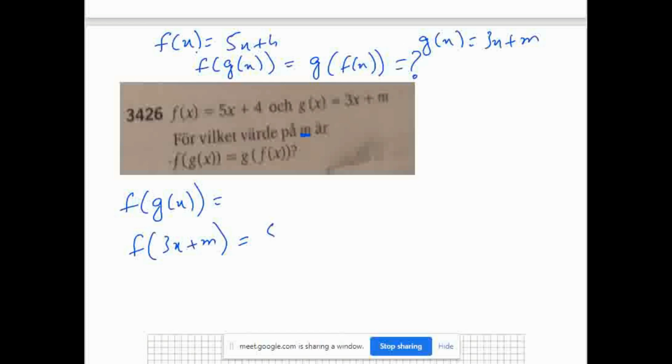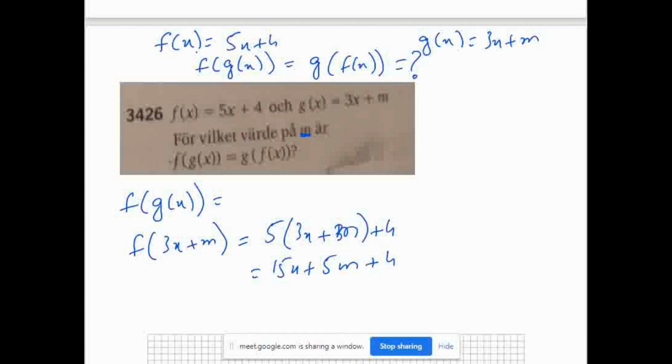So this will be equals to 5 into 3x plus m, plus 4, and here this will be 15x plus 5m plus 4.